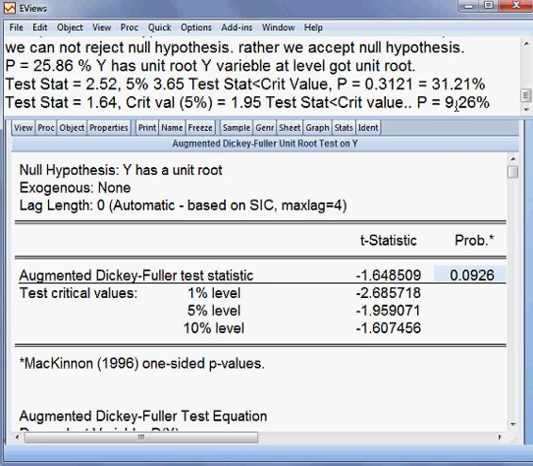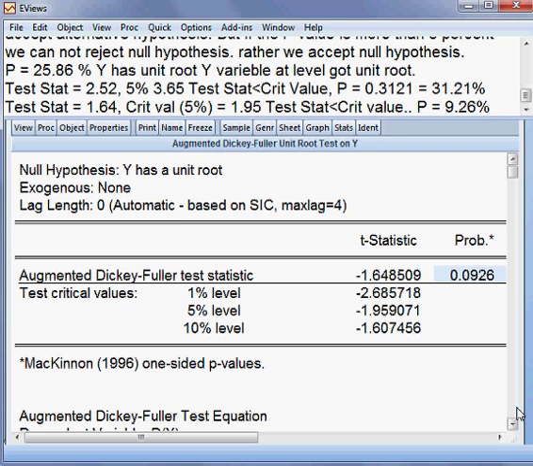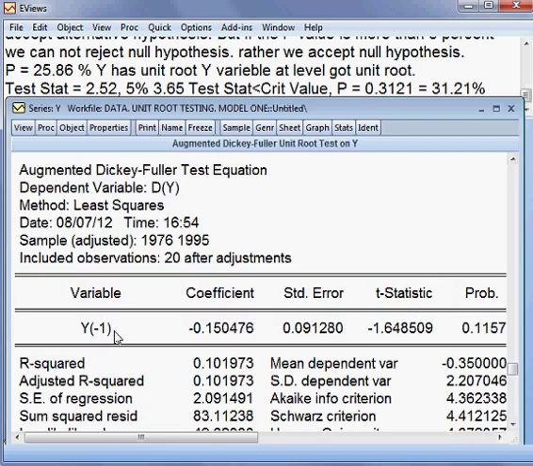So we cannot reject null hypothesis, rather we accept null hypothesis. But make sure the coefficient of y must be negative, and it is already negative. So this model is viable.